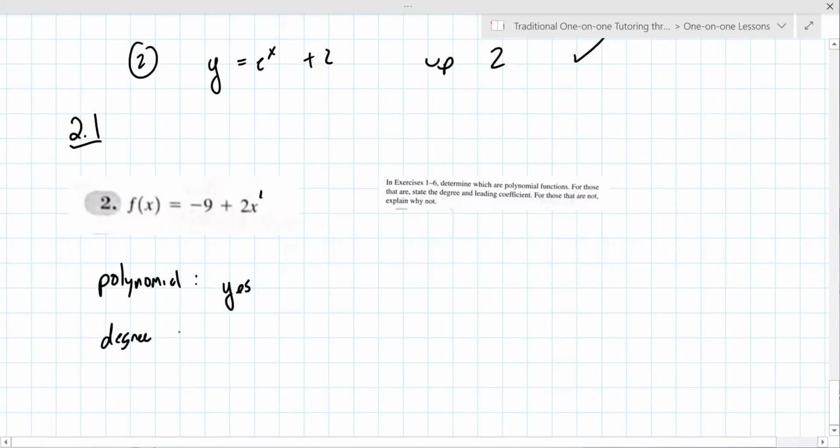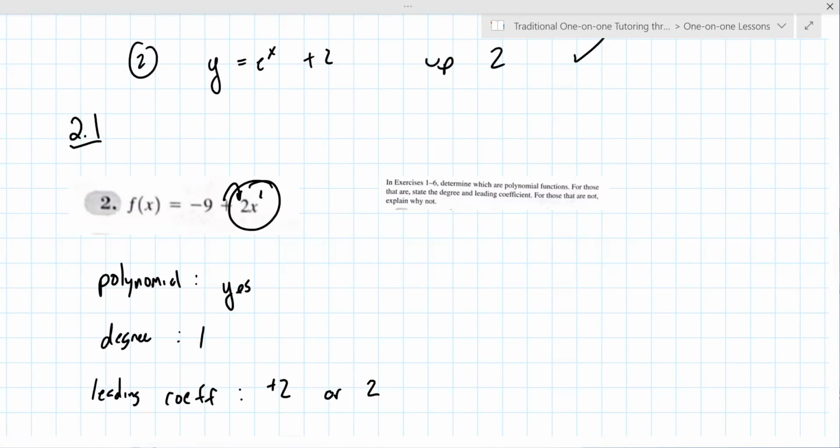So 1. And then the leading coefficient, you identify whichever term had the x in it, and it takes the sign with it, so it would be positive 2, or just 2. This is very straightforward here.